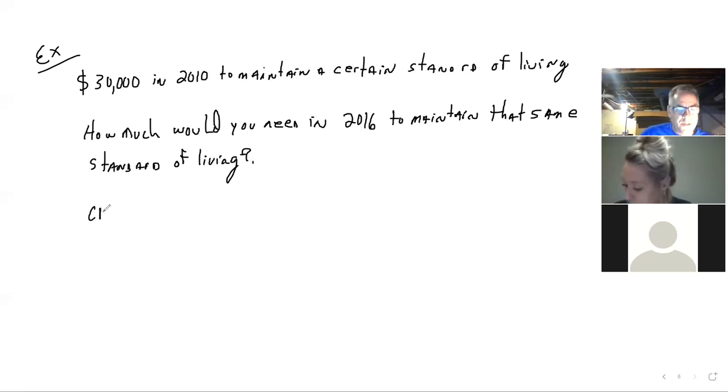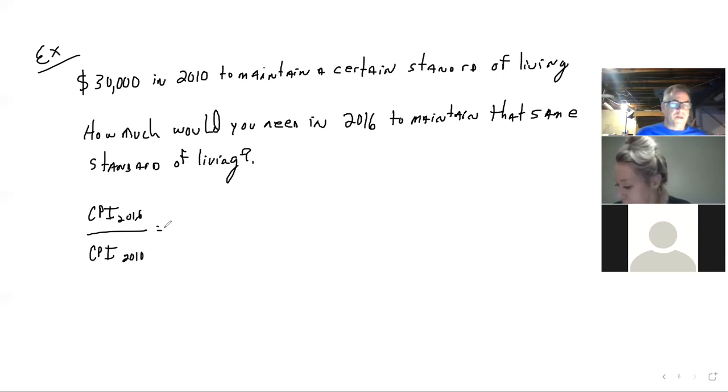I'll say CPI 2016, and we're going to divide that by our CPI of 2010. That will tell me how many more times things are going to cost me in 2016 as compared to 2010.